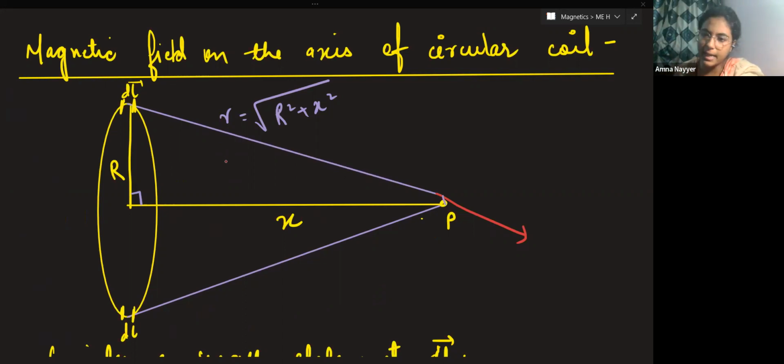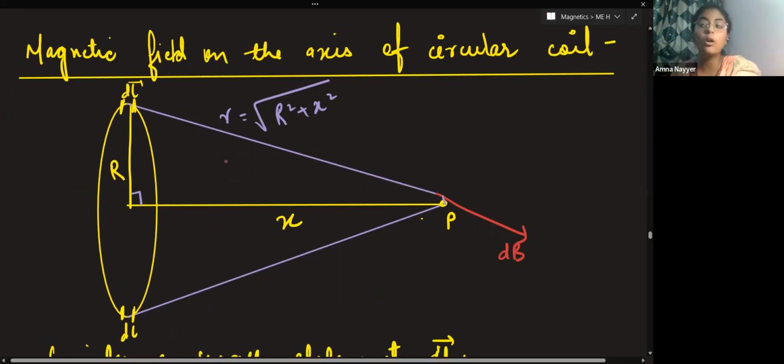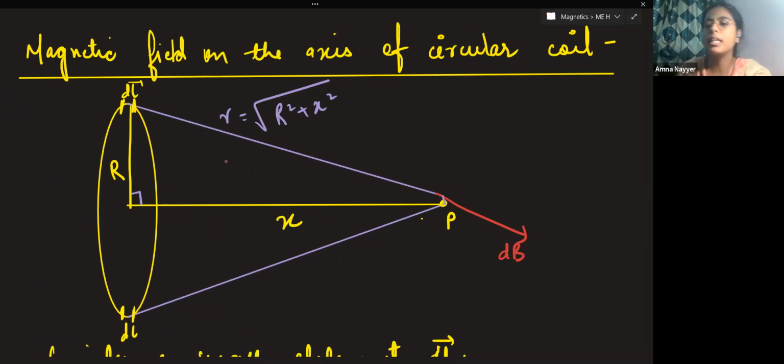So let's say the magnetic field is over here. This is a straight line only; because I have drawn it with two colored bits, that's why the breakage is visible. So at this point, because of the circular element, the magnetic field is pointing like this. Let's say this is dB. Why dB? Why not B? Because we have chosen dL, a very small current element. So dB is the magnetic field because of that current element.